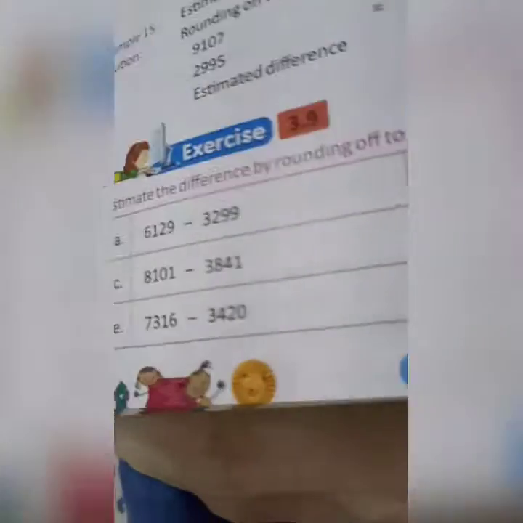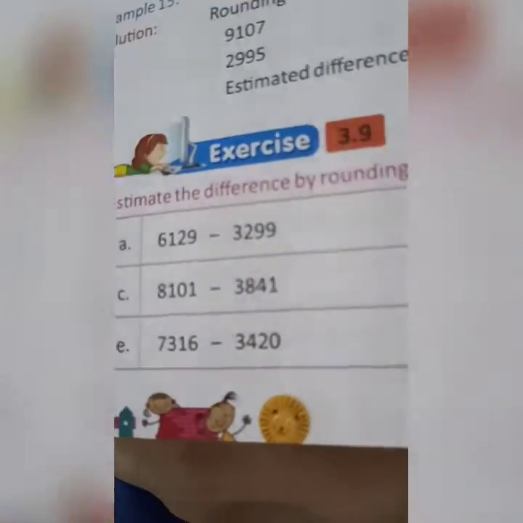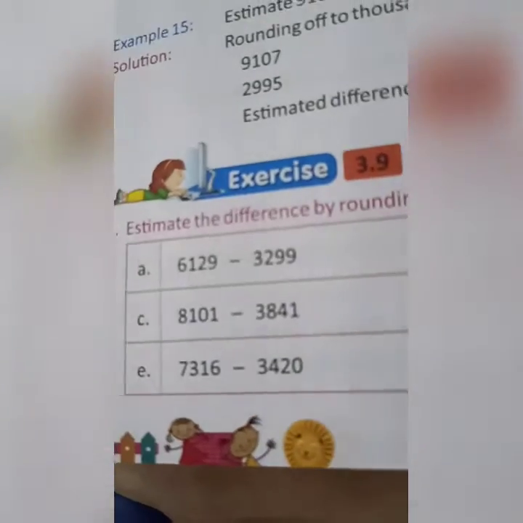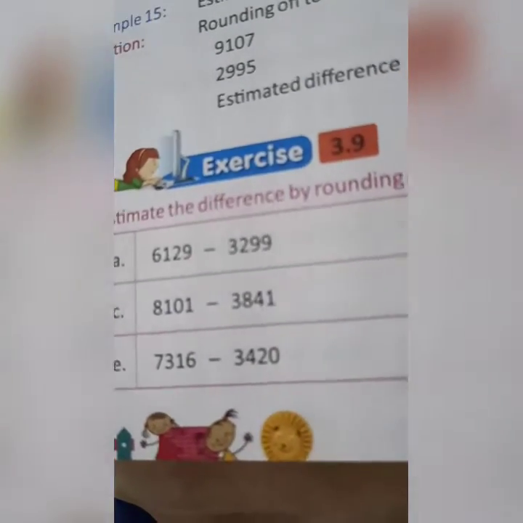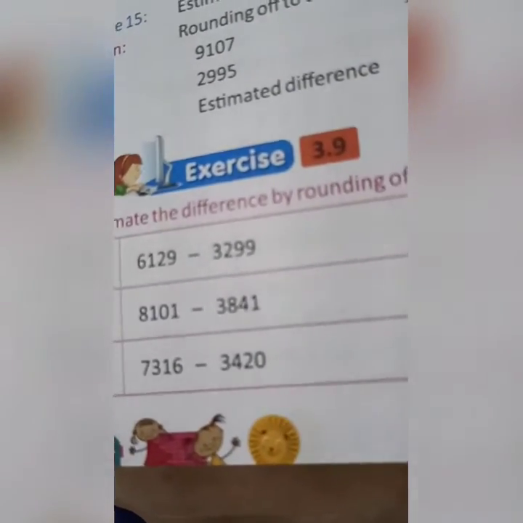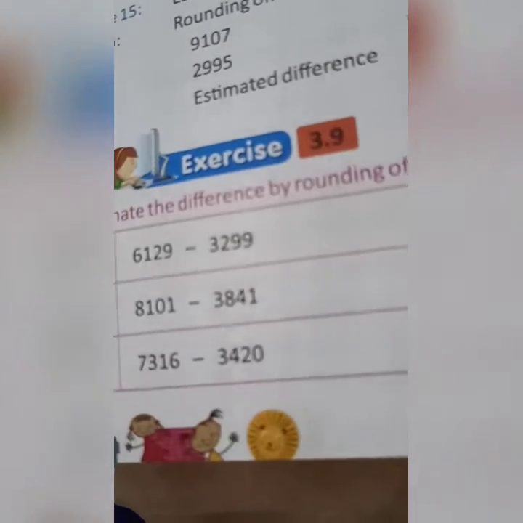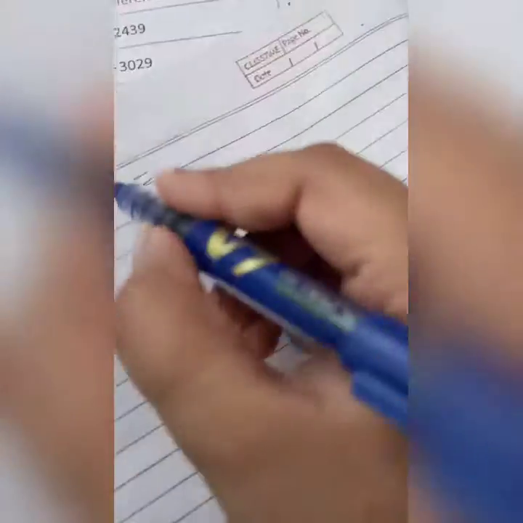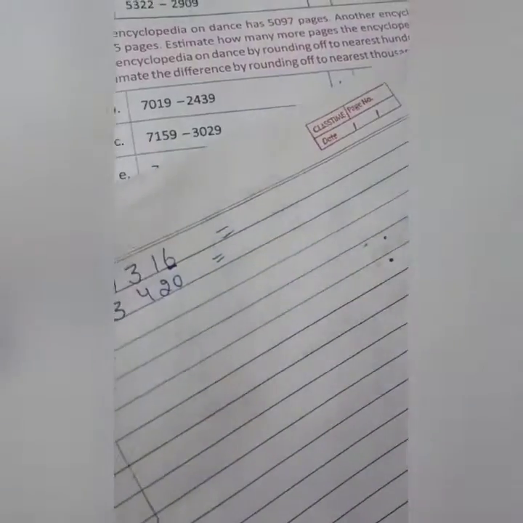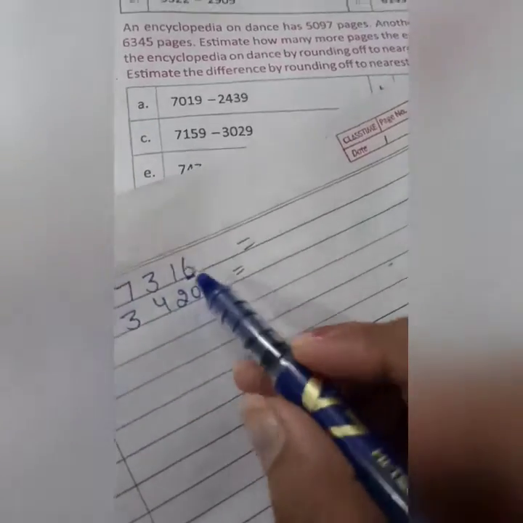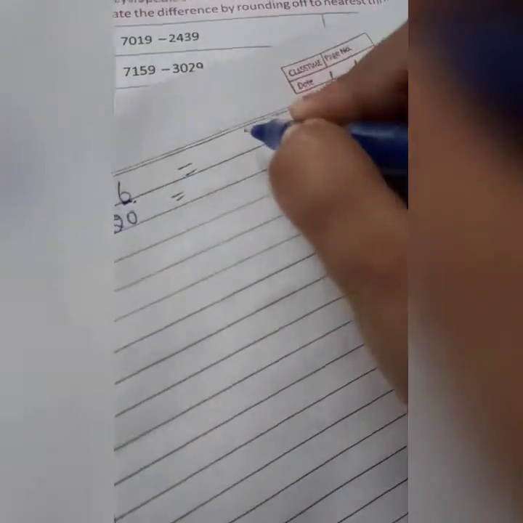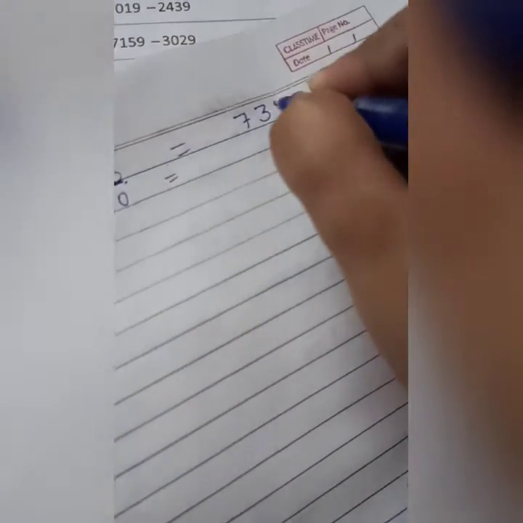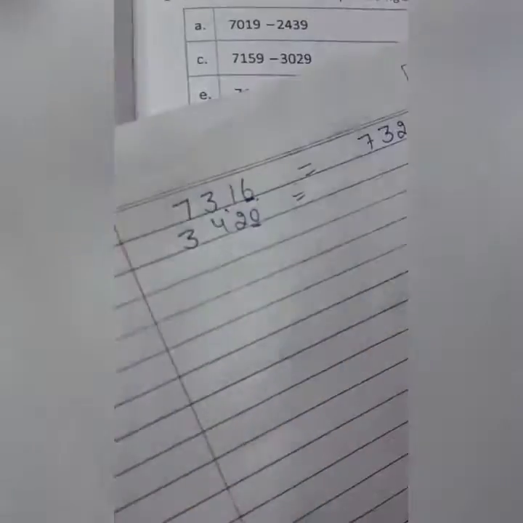Now, next is E part. 7,316 and 3,420. Right? At the place of ones, 6, again more than 5. So we will add 1 to this number, 7320. Here 0 is less than 5.